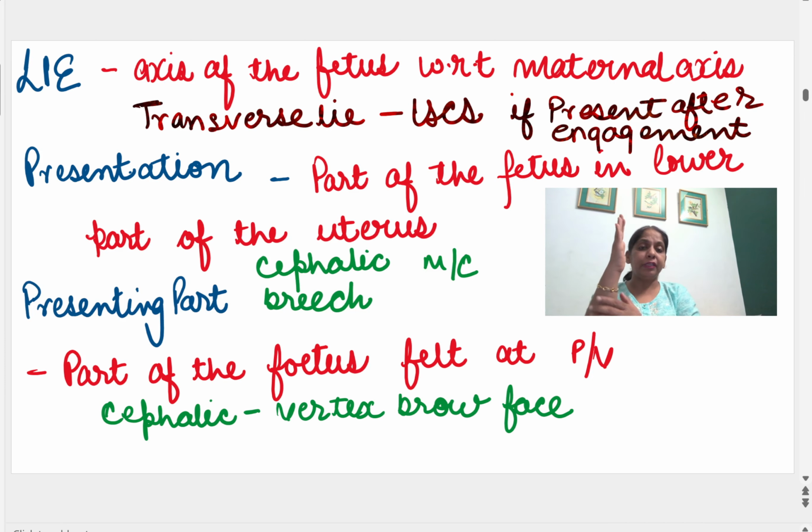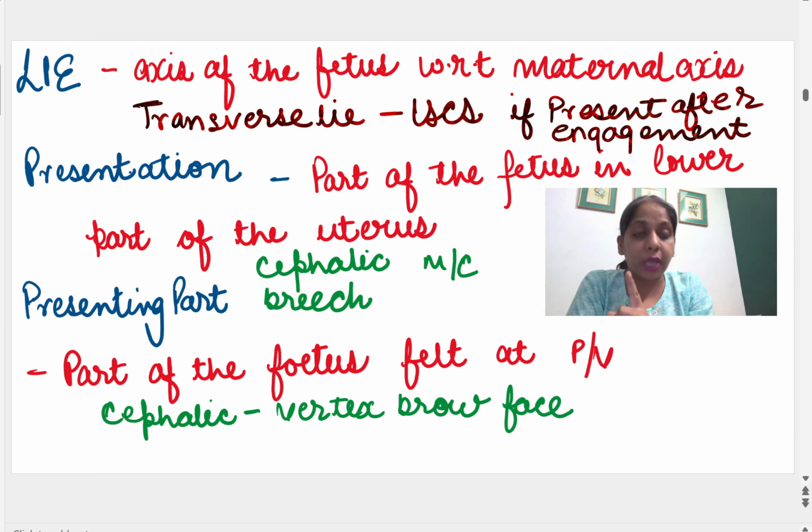If this is the mother's axis and this is the fetus, and both are longitudinal, then it is known as longitudinal lie. If the mother is straight and the fetus is like this, it is a transverse axis, and if it is like this, it is an oblique axis. So lie means the relation of the axis of the fetus with respect to the axis of the mother.